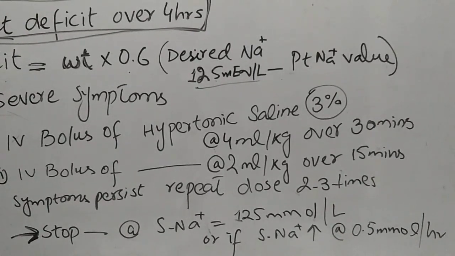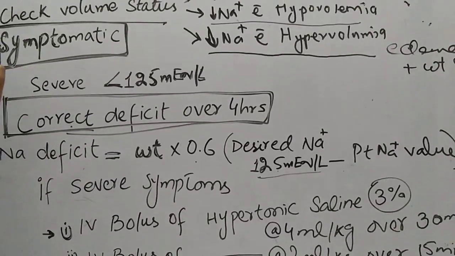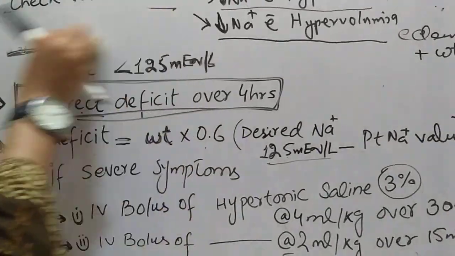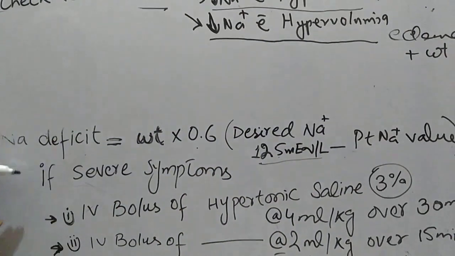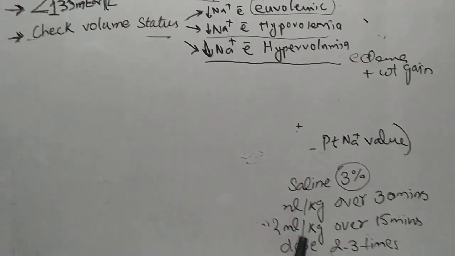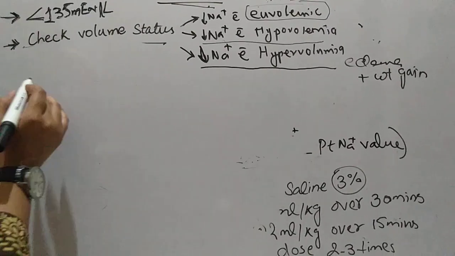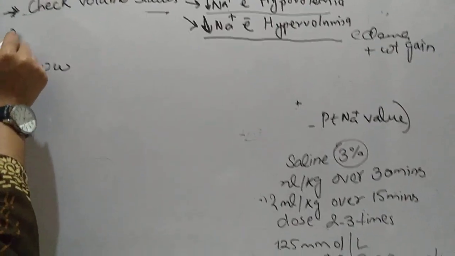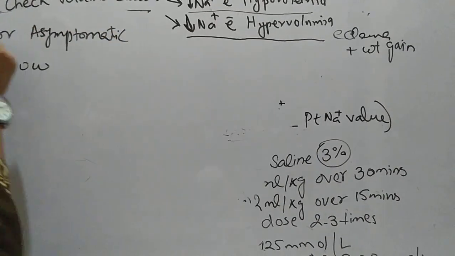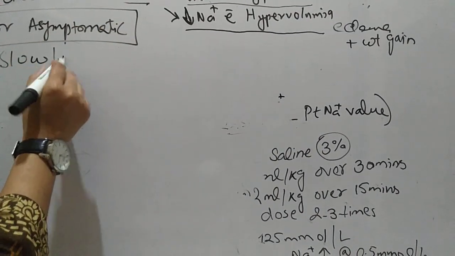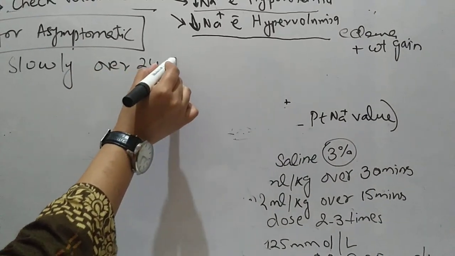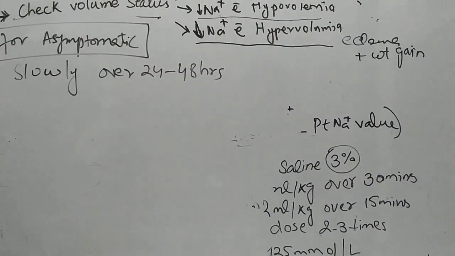But these options apply when your patient is severely symptomatic, that is, refractory status epilepticus. But if your patients are asymptomatic, you will correct the serum sodium value slowly, over 24 to 48 hours.